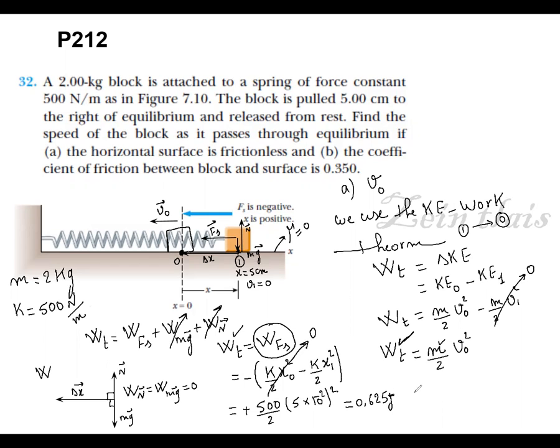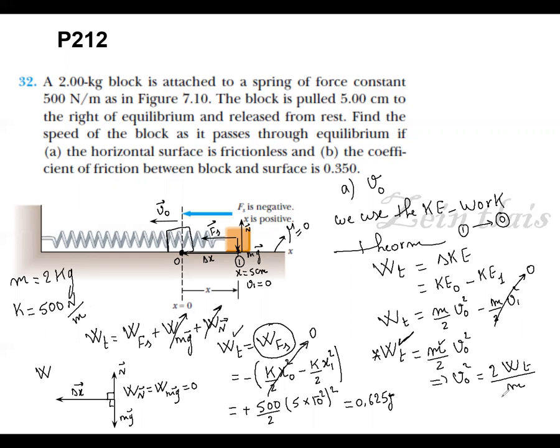This is the value of omega Fs and omega total. We use now this relation: VO squared equals 2 omega total divided by m.